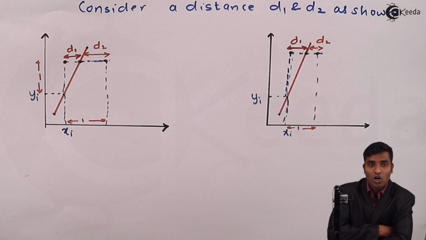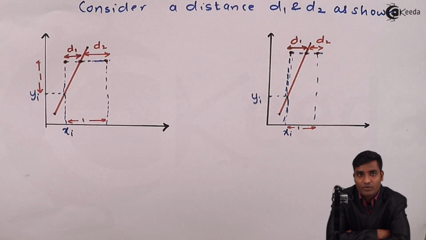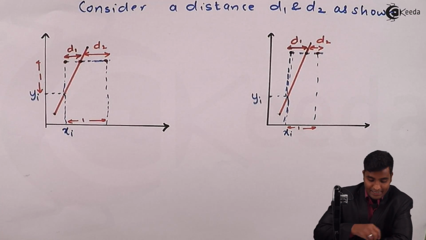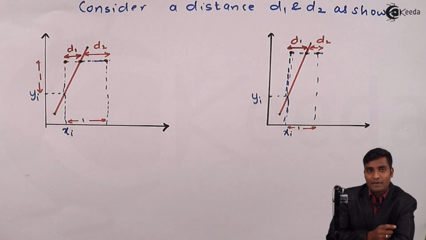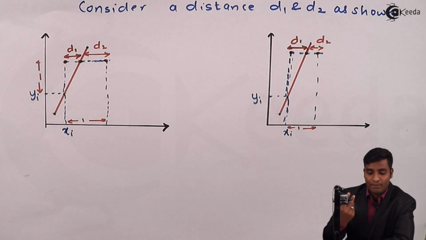On the basis of d1 and d2, we can get to know the value of xi plus 1, which is xi or xi plus 1.